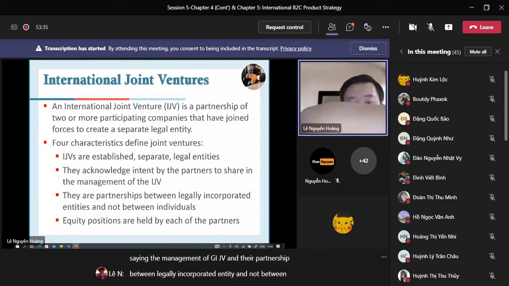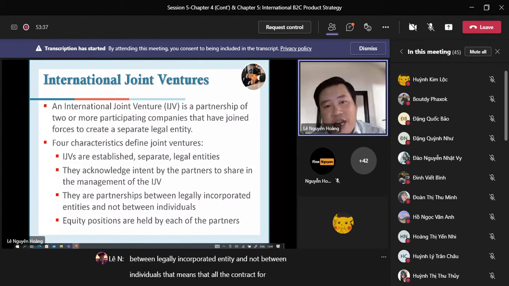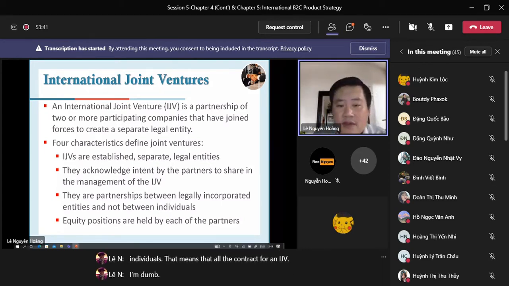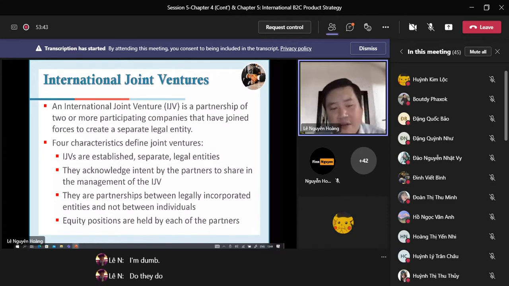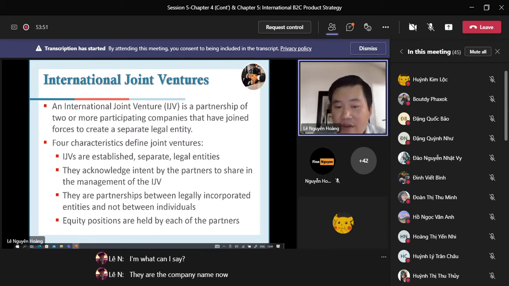It means that all the contracts for an IJV need to use the company name, not individual names. And equity positions are held by each of the partners.